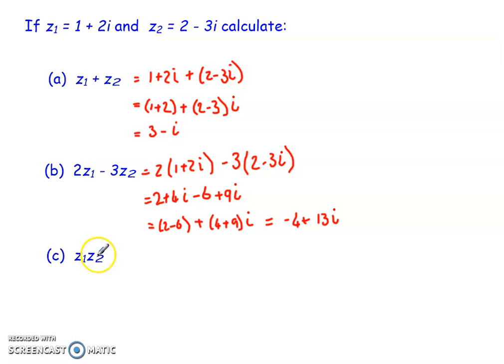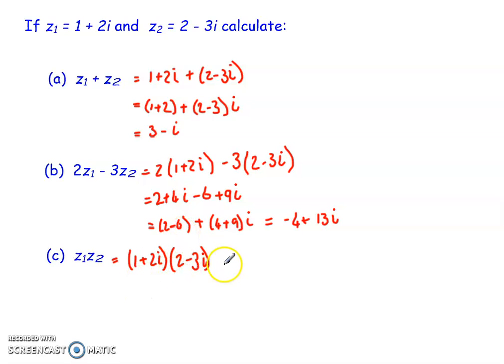Final one was multiplying the two of them together. So again, think back to how we did it: write the two brackets, multiply it out like a quadratic, and then simplify it all down. So I've got 1 plus 2i from my first complex number, and 2 take away 3i from my second complex number. So it's multiplying it out using FOIL like we would a quadratic.